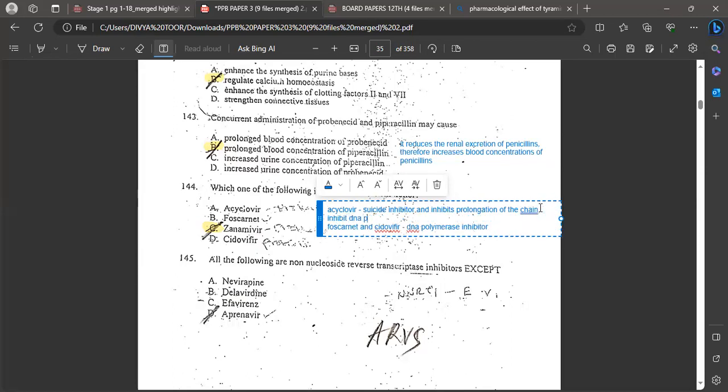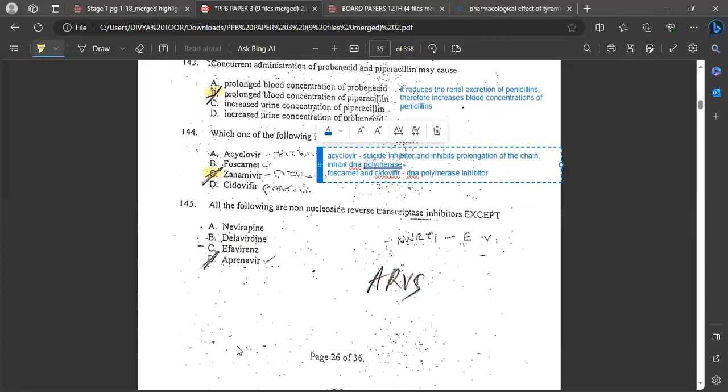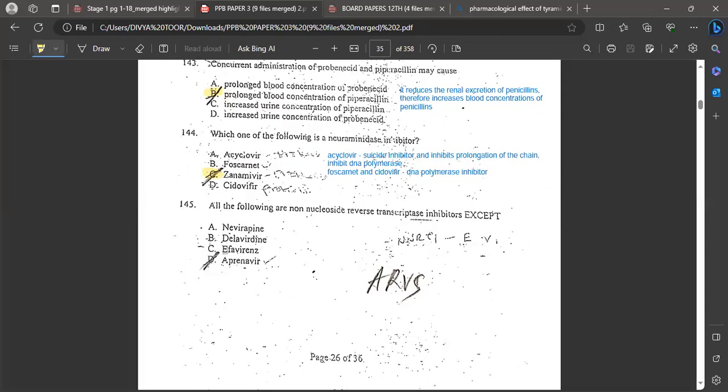Okay. All the following are non-nucleoside reverse transcriptase inhibitors except nevirapine, delavirdine, efavirenz, amprenavir. Nevirapine is a non-nucleoside, that's right. Efavirenz is also a non-nucleoside. I'm not sure about the other two. So it's delavirdine by elimination. This other drug I don't know.